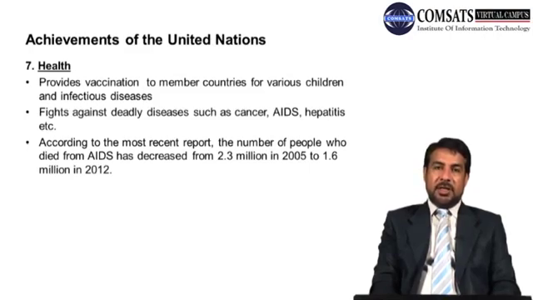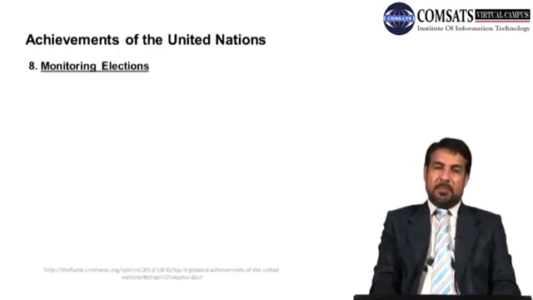So you can see that the number of patients dying from AIDS has also decreased very appreciably. उनमें भी काफ़ी ज़्यादा कमी नज़र आ रही है. All these were because of the achievements of United Nations.